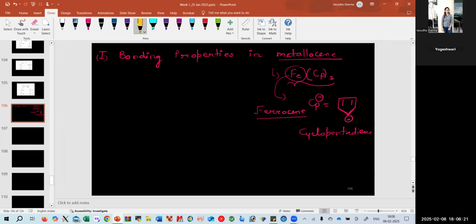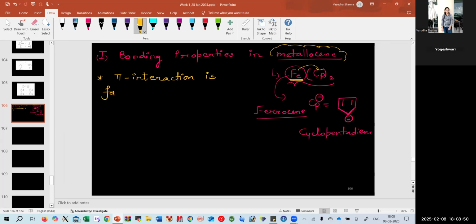That's where we are talking about the bonding properties in metallocenes, meaning metal has been coordinated with your Cp group, which is your cyclopentadiene. So it has been said that we have mostly, besides the sigma bonding, Cp groups are known for the pi interaction.